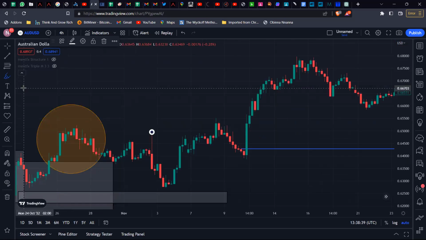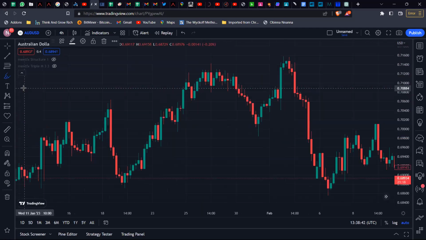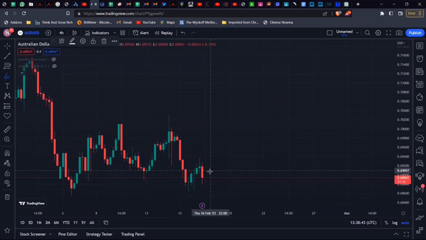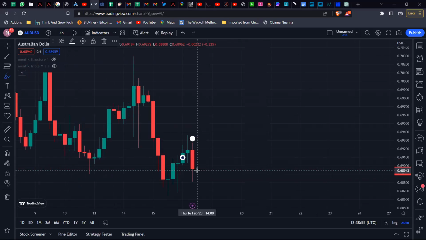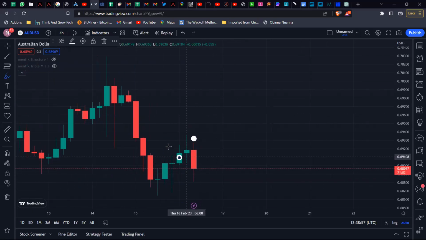So if you take any candle, for instance, let me go to the most recent candle, right? If you take this candle now, the high or the low should be connected to the high or the low of the next two candles. So this candle here should be connected to this candle here. Right, let me zoom in a little bit. Basically that's the idea.